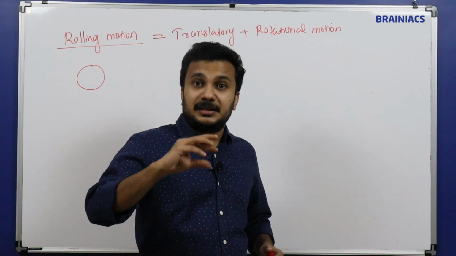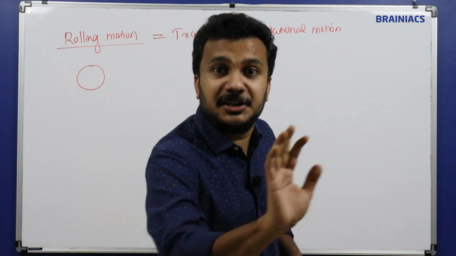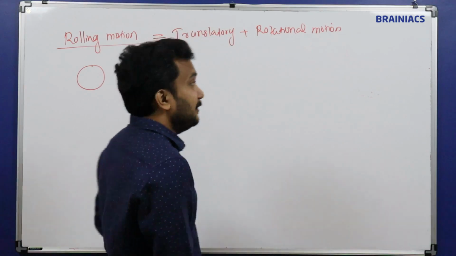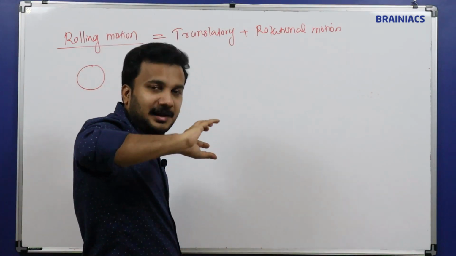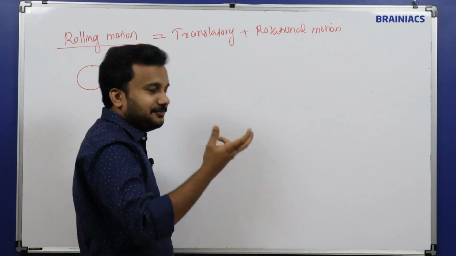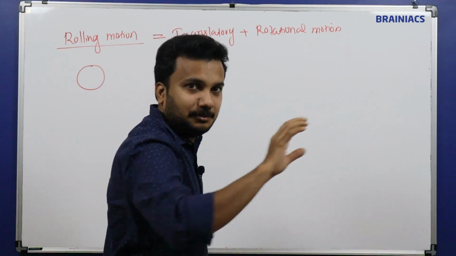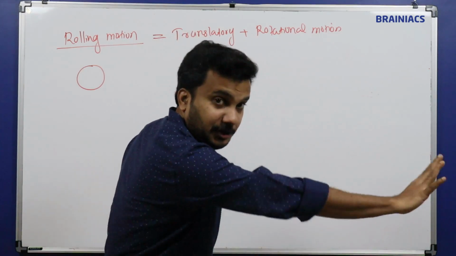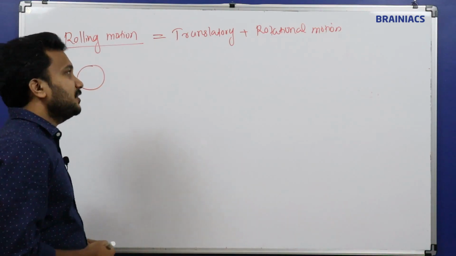Rolling means it is rotating, and at the same time it is moving forward. That forward motion is called translatory, and the rotating, turning effect is called rotation. These two together are called rolling.